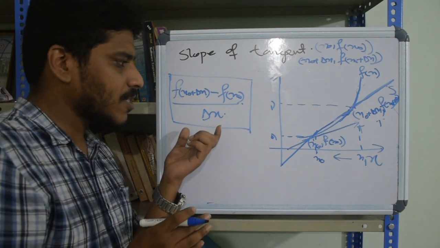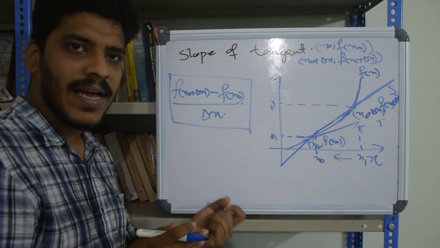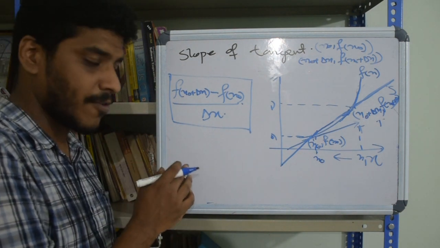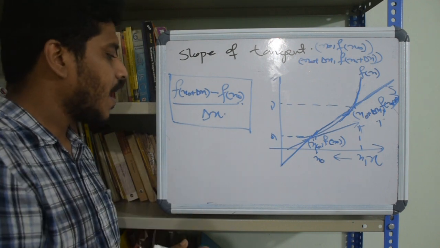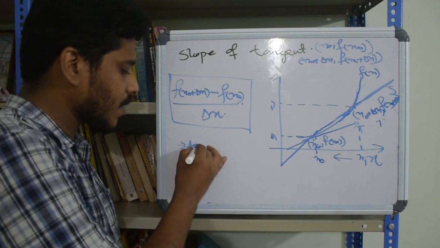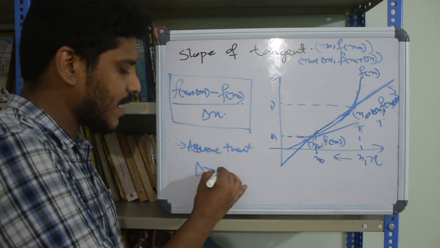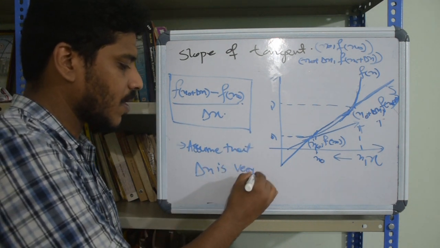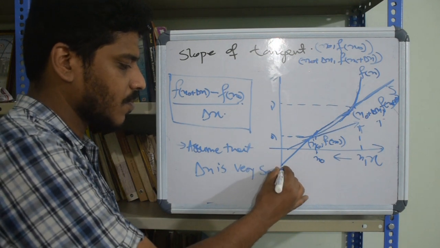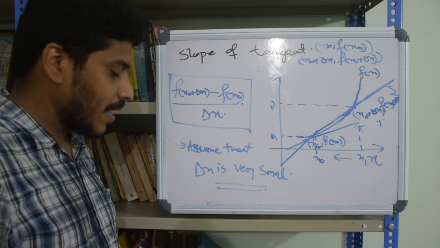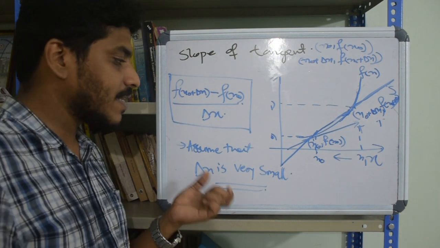So this expression actually gives us the slope of the secant line, and to find the slope of the tangent line at x0, f of x0, assume that delta x is very small. Right. Like we found the instantaneous velocity.